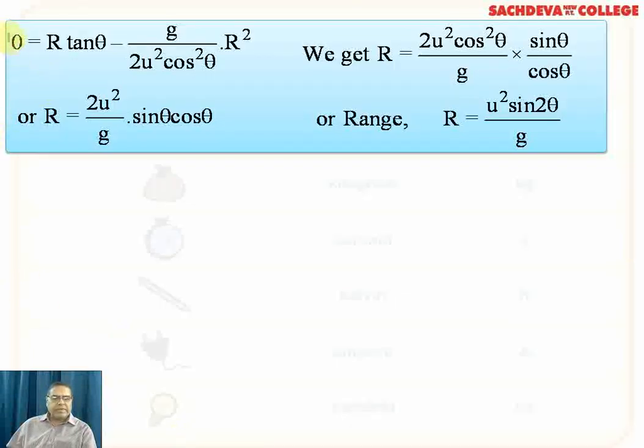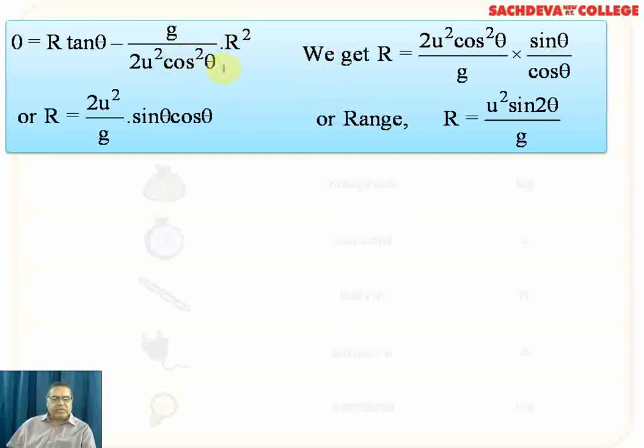Now, from the various calculations, we put 0 equals r tan theta minus g over 2u square cos square theta into r square. In this equation, r will be the range and theta will be the angle of projection.